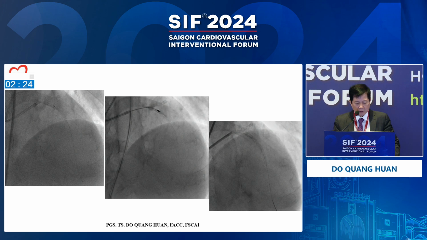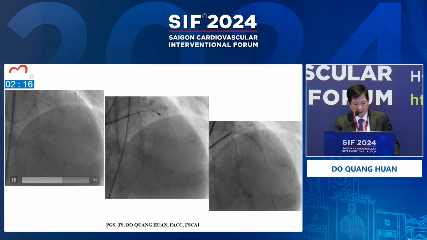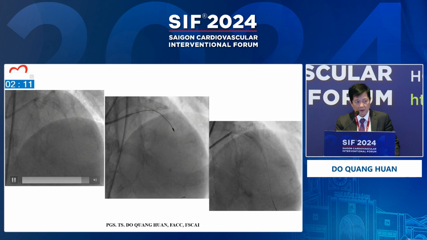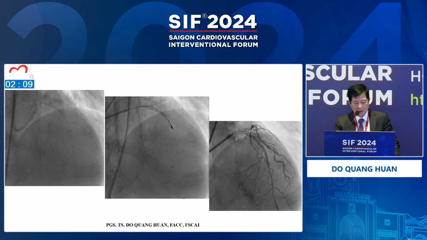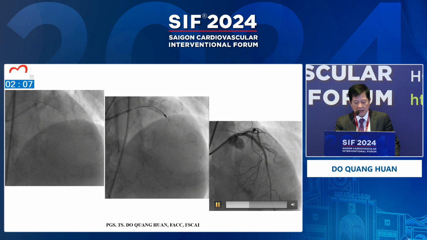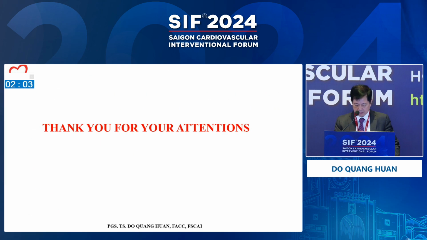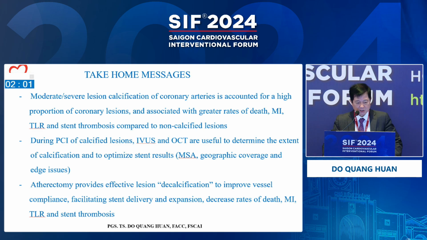When we crossed the wire, we used a small balloon, but the 1.5 mm balloon did not cross. We used the rotaplator, and the final result is good.